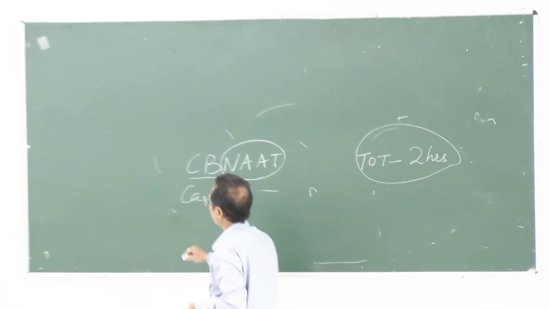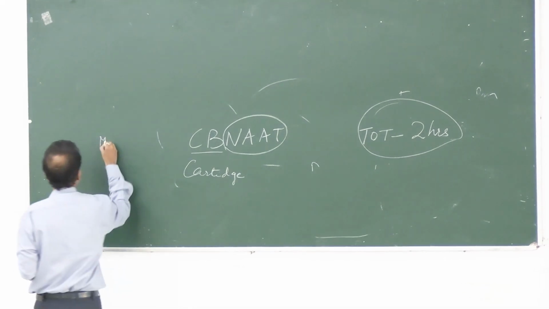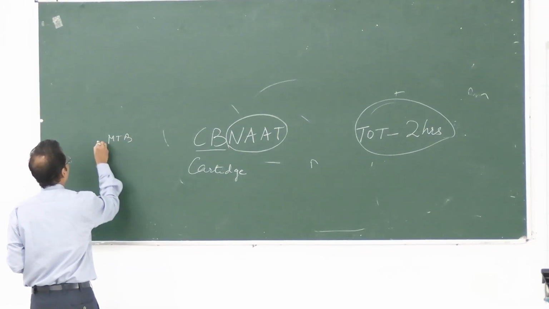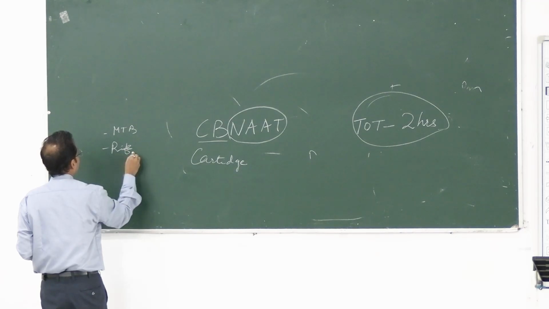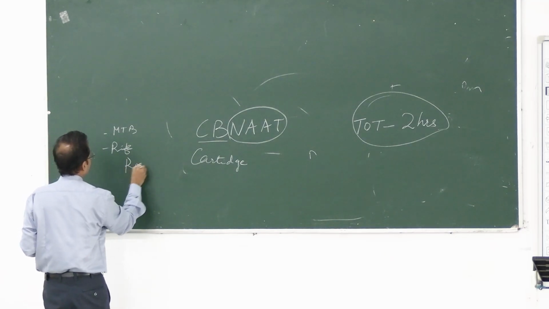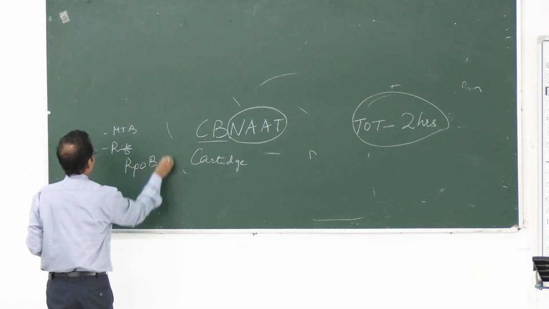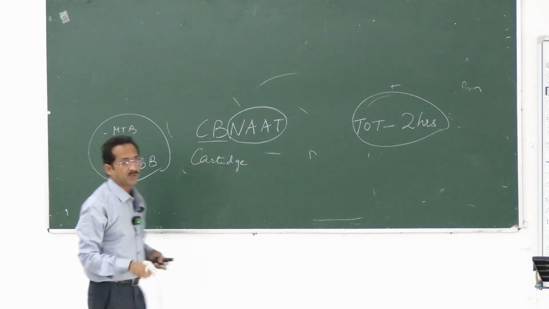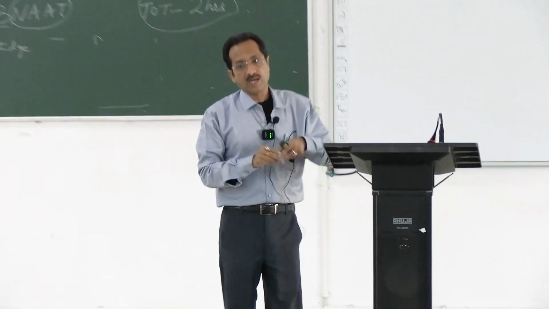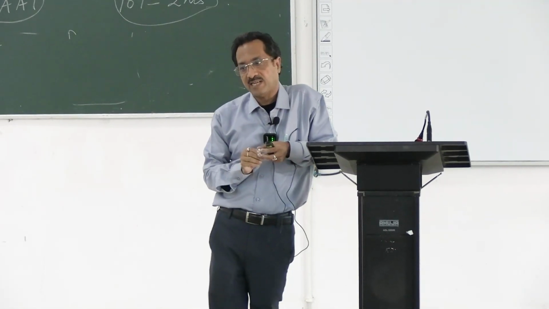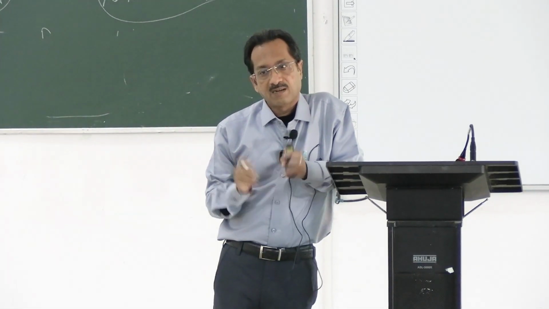The initial CBNAAT machine was used to detect Mycobacterium tuberculosis and rifampicin resistance, by the rpoB gene. So the rpoB gene is for rifampicin resistance. Now CBNAAT can detect resistance to most of the first line and second line drugs.